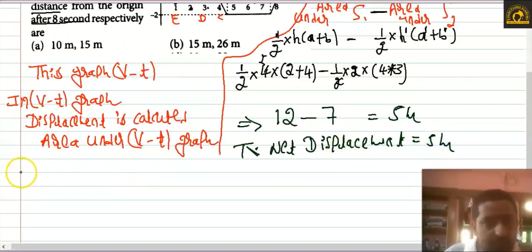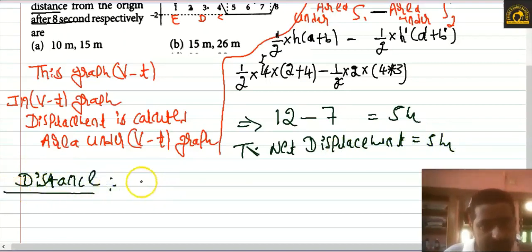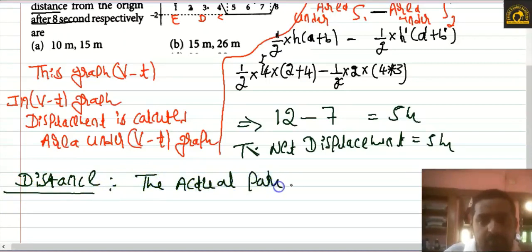Then come to the second one, the distance. In the distance, the direction is not important. It is the actual path traveled by the object. That is the distance.